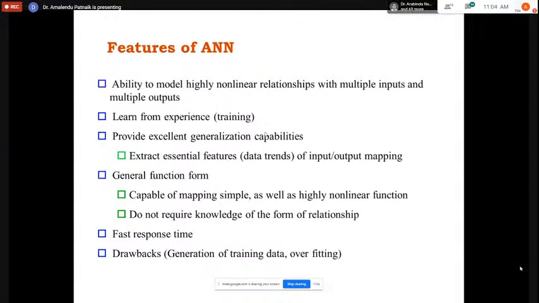Although these techniques have their own drawbacks, like generation of training data, because particularly in electromagnetics or microwave engineering or antenna engineering, it is very difficult to get proper accurate data, and you need training data for training the neural networks.